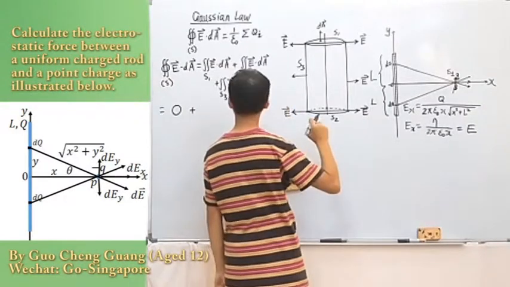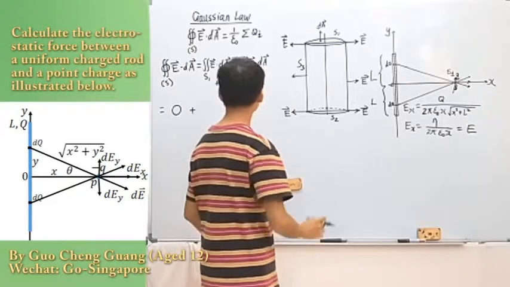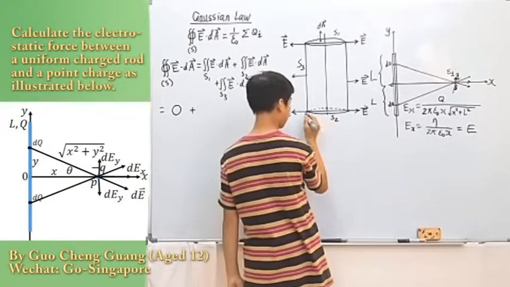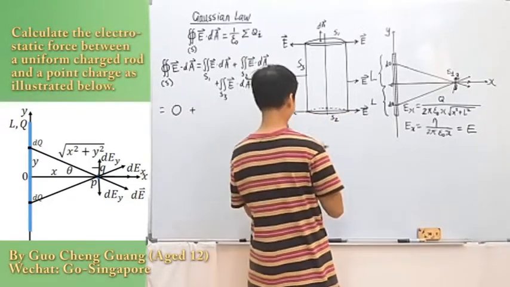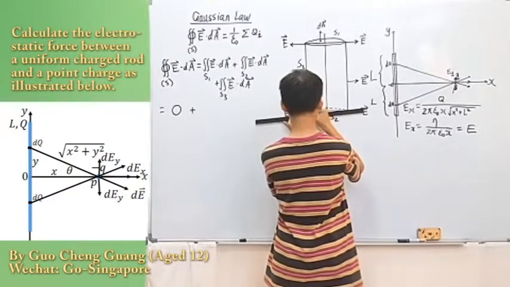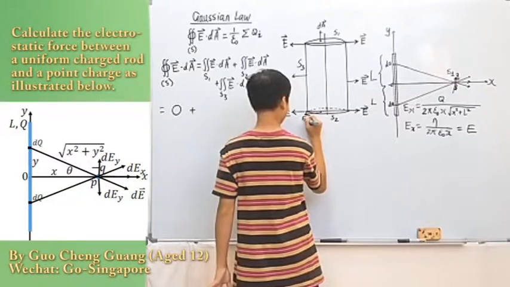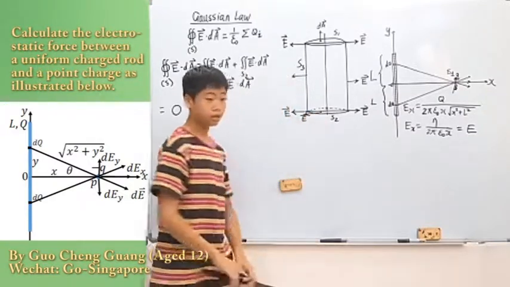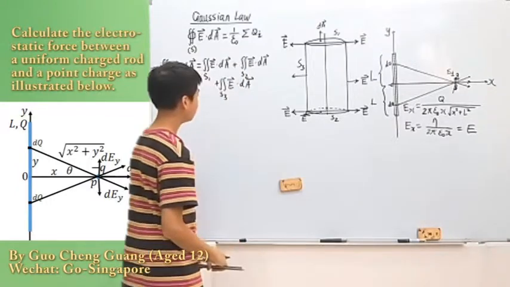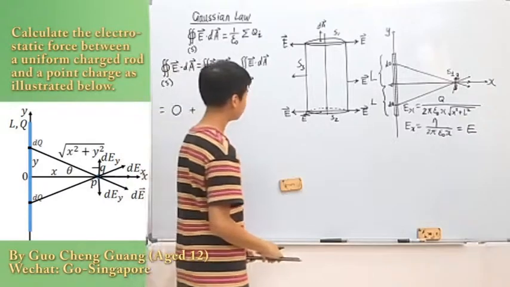The next part is the second surface, which is down here, this circle here. Firstly, the direction of E. The direction of E still, for every single point, will be an outward direction. Like this.